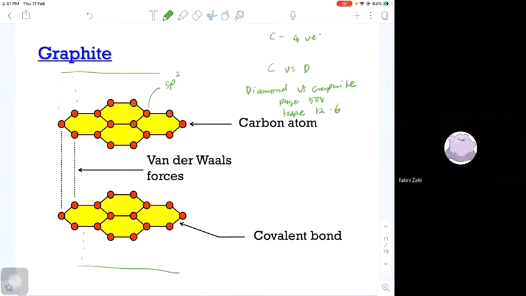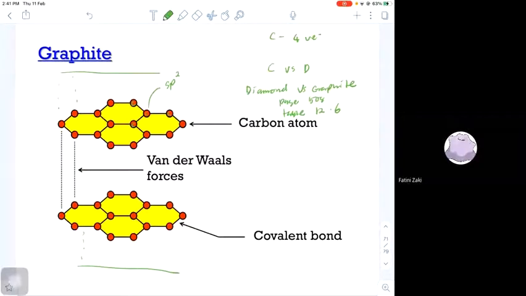Electrical conductivity: graphite can conduct electricity but not diamond. Then we look at the enthalpy change for combustion. If we combust 1 mole of each, the energy is almost the same. Those are the important properties of diamond and graphite that you should remember.